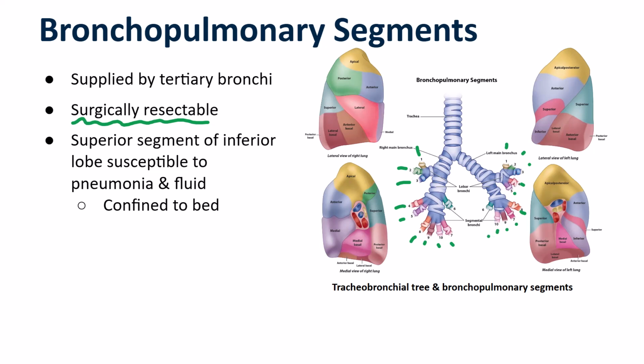And so what I would like to do is focus on a very special relationship of a bronchopulmonary segment that can be found on each lung. And that is the superior bronchopulmonary segment of the inferior lobe. So the superior segment of the inferior lobe.